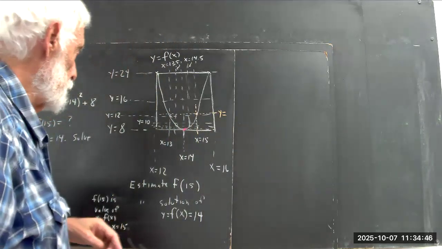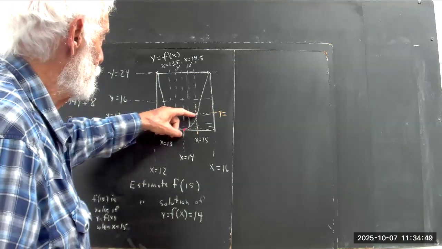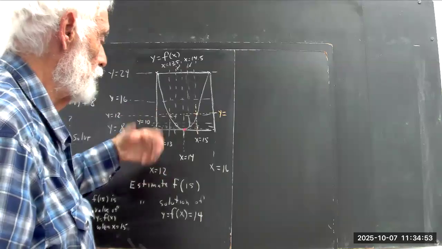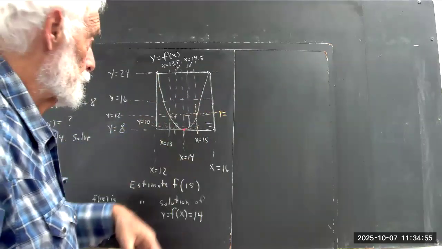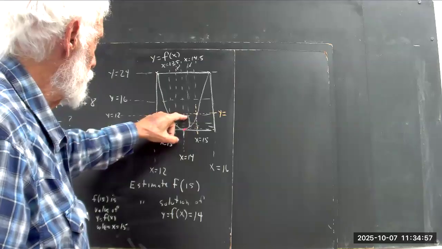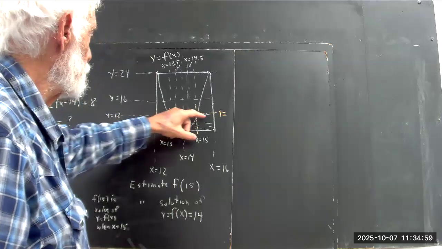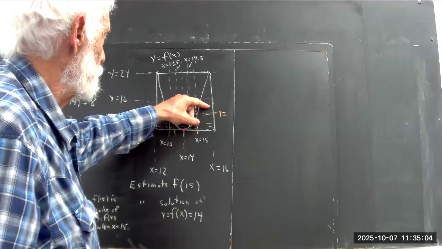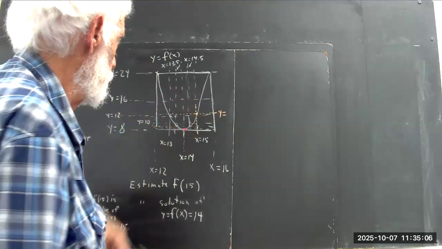Now, if you do it accurately, this point is right on the line x equals 15 and y equals 12, because of the way this is constructed. The way it looks, this is a little more than 12. If this is 12 and this is 16, then 15 would be here, 14 would be here.